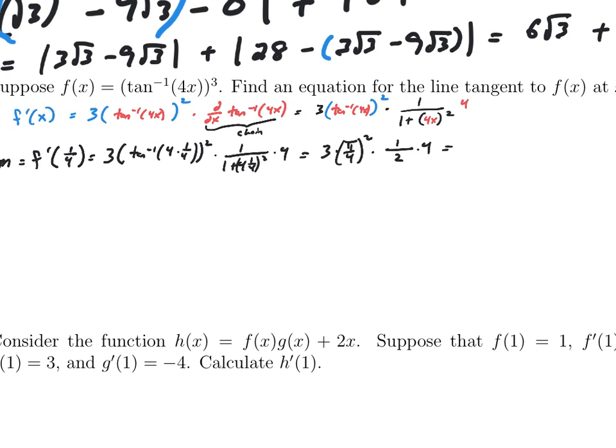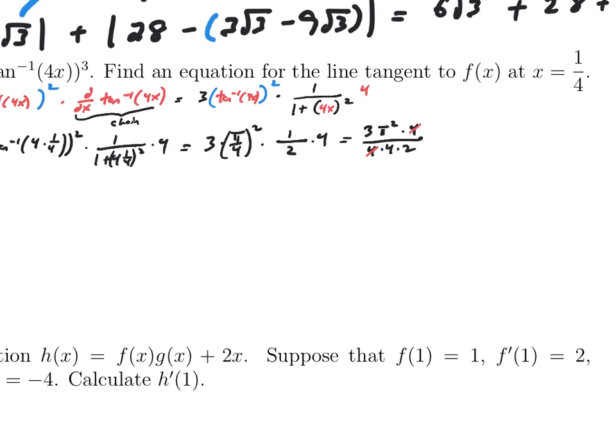Let me just write it all out. 3 pi squared times 4 over 4 times 4 times 2. So the 4's cancel. Sometimes it's better, you can actually see how I do these things. It's actually sometimes better not to multiply it all out and then divide. Sometimes it's just easier to write it all out and then divide. So that's just going to be 3 pi squared over 8. So that's our slope for that little guy.